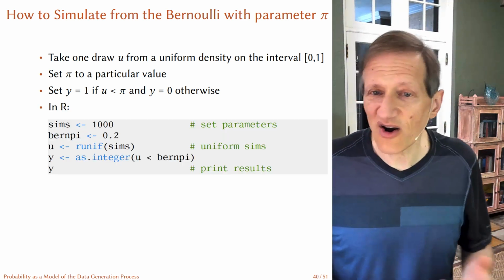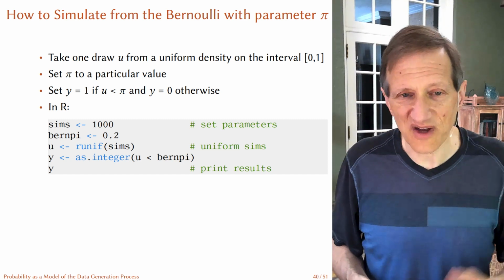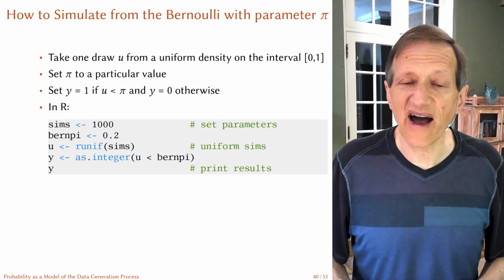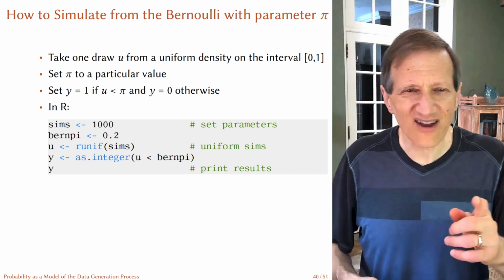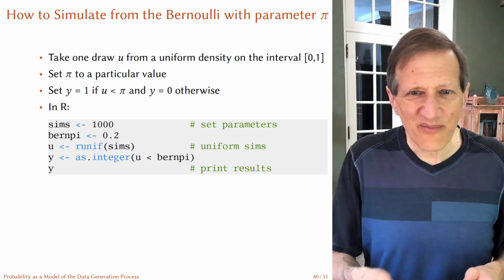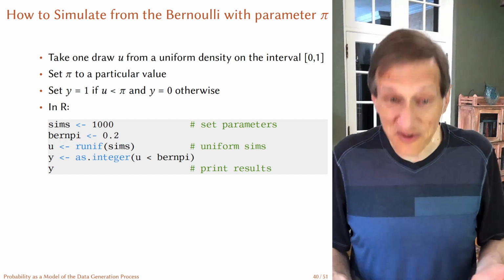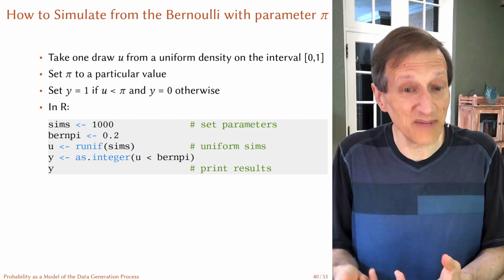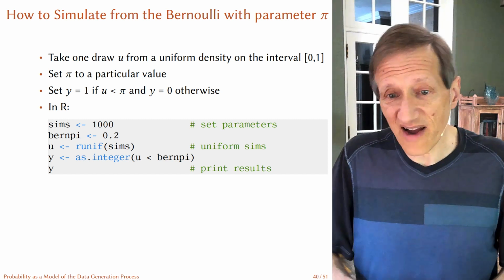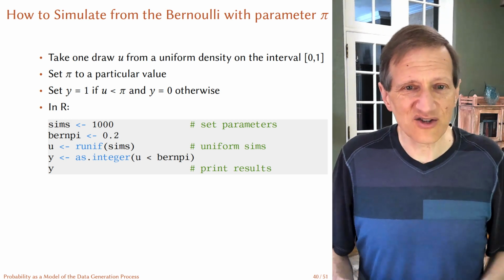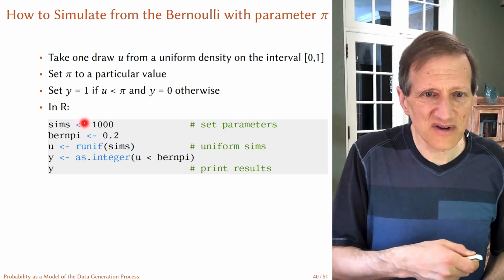So here's in R, very simple code. Here's 1,000 simulations. We create our Bernoulli pi equal 0.2. I might have liked to use pi here, right? But pi is not a good thing to use there because pi actually has a meaning already, 3.1415, whatever it is. That number, you can't reuse that, so we're going to use just a different symbol here.